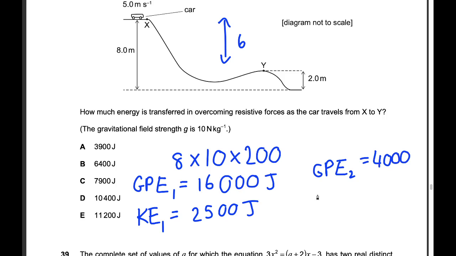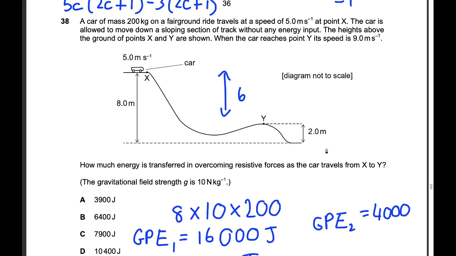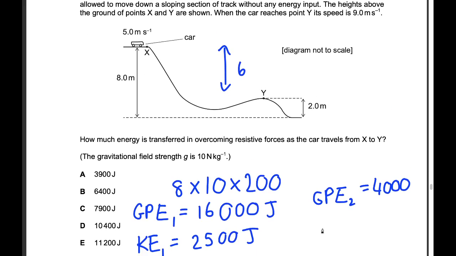Okay, I'm not going to bother writing joules on all of these. The unit is joules. And the kinetic energy, again, is going to be half my mass, which is 100, times my velocity squared, my speed squared, sorry. Doesn't really matter, actually. So that's 9. So 9 squared is 81, times 100. That is going to be 8,100.